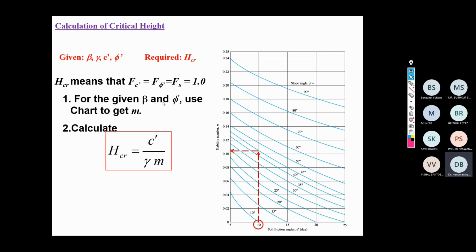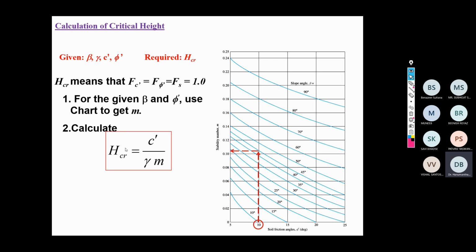For a given beta and pi dash, use the chart. Here the angle of internal friction is 10, and beta is approximately 45. So draw one vertical line, and from there draw another horizontal line. That gives you the stability number.